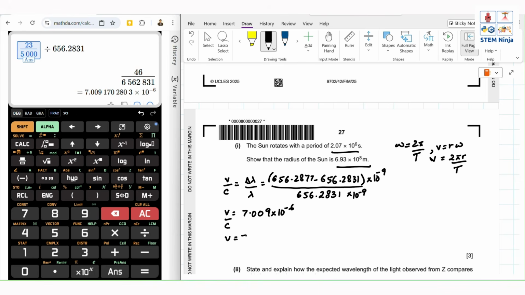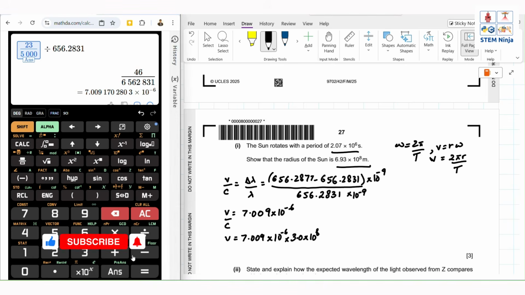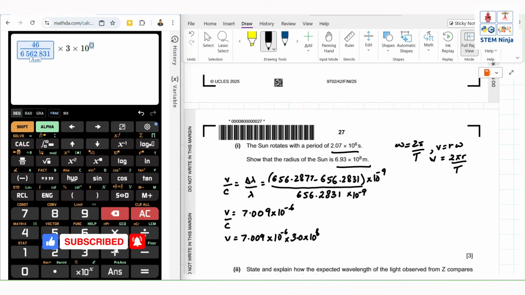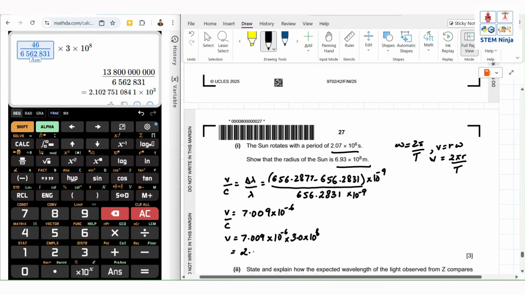So V will be equal to 7.009 × 10 raised to the power minus 6 times the speed of light, 3 × 10 raised to the power 8, and this comes out to be 2.103 × 10 raised to the power 3 meters per second.